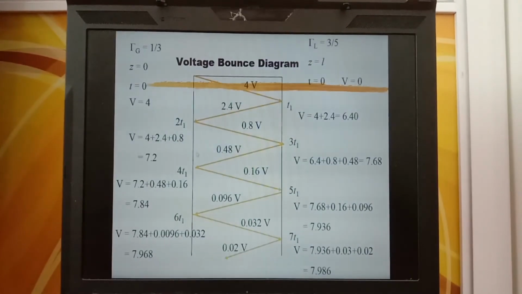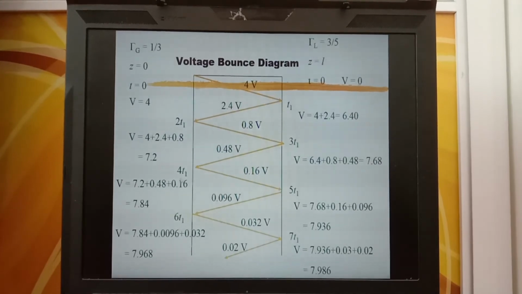Based on the voltage that we get here, at time t equals 0 we have 4 volt at the source end, and then at time 2t1 we have 7.2 volt. At time 4t1 we have 7.84 volt, and at time 6t1 we have 7.968 volt.